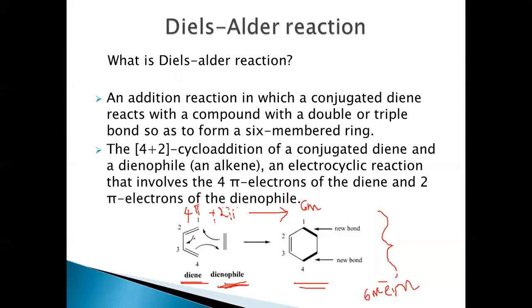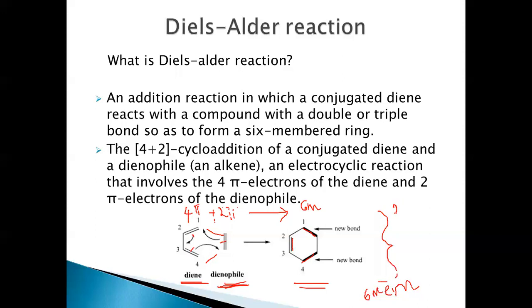So here, 1, 2, 3 pi bonds are broken, and 2 new sigma bonds are formed here. One here and one here, 2 new sigma bonds, and one more pi bond, which is a new pi bond formed here.